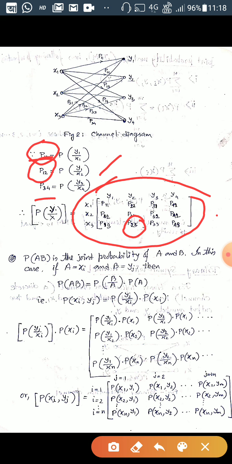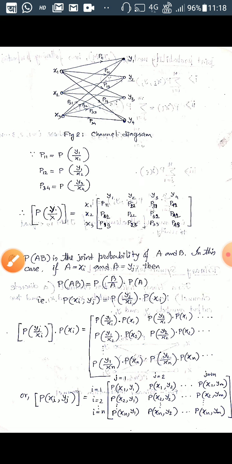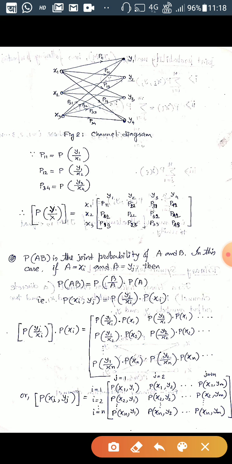Now p within brackets a b is the joint probability of a b. In this case, if a is defined as xi and b is defined as yj, then p of a b will be defined as p of b by a dot p of a. So if you write it in the form of joint probability, then p of xi comma yj will be written as p of yj by xi dot p of xi.